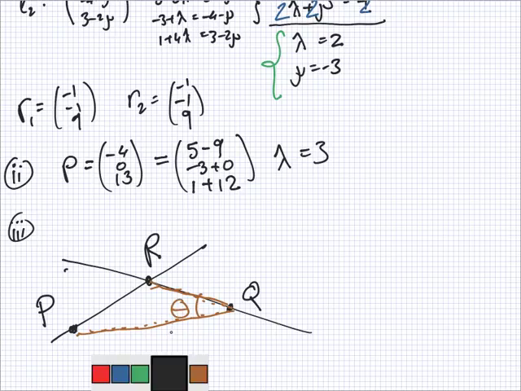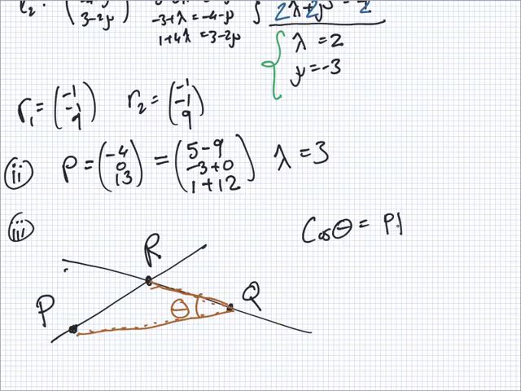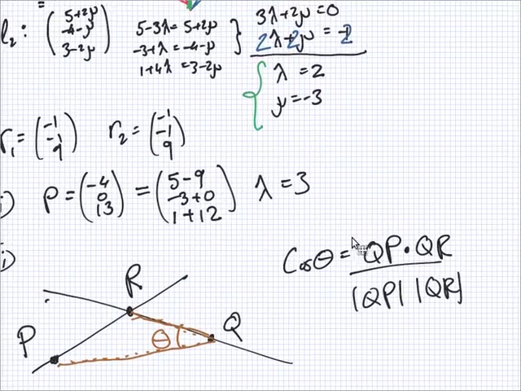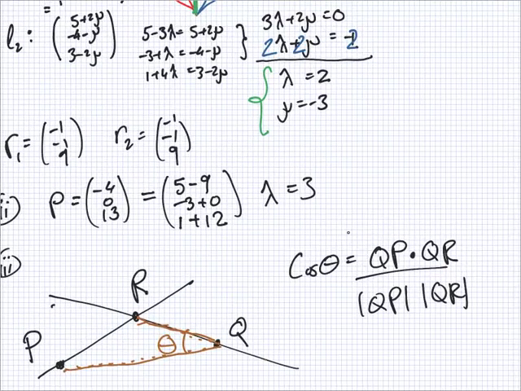Alright, so that's just a matter of using the formula cos theta equals QP dot QR over magnitude of QP times magnitude of QR. We've just worked it out in part 1. QP is P minus Q, and Q is minus 3, 0, 11.